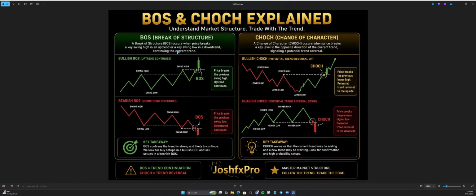Are you understanding? Just like what I showed you now, those areas where the market keeps breaking and going higher or breaking and going lower are the areas of break of structure. So break of structure talks about trend continuation. It is breaking a key high, swing high, or a swing low.